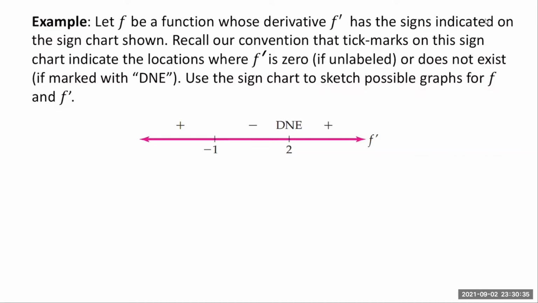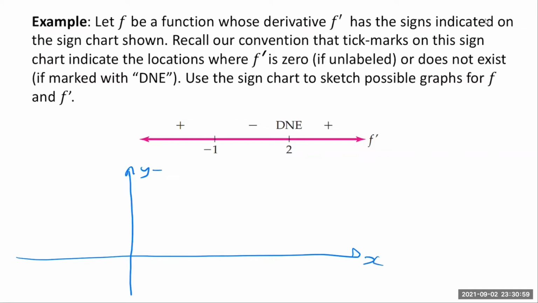Notice that in this entire interval, your derivative is positive. Let's first of all have our x and y axis. This is your y-axis, this is your x-axis, or y is equal to f of x.